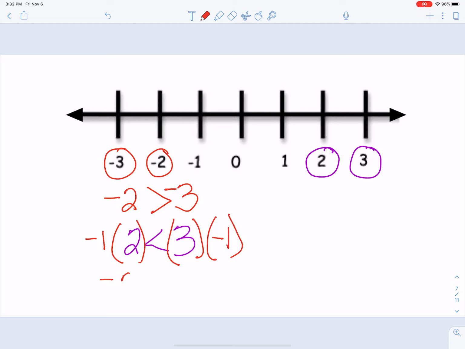So of course I get -2 on that side, and I get -3 on this side, but I can't just bring the inequality symbol down. To keep it a true statement, I have to reverse the inequality symbol.